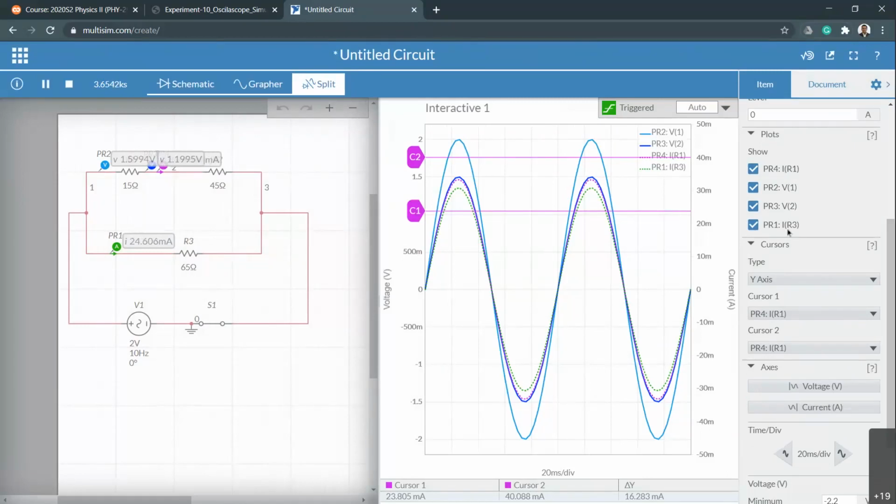That's how it reads. Okay, now I need the y-axis voltage, but I need the first probe to be voltage 1. Okay, let's change that and then move that voltage sensor all the way to the very top. And then value should be very close to 2 volt. Okay, should not be larger than 2. Can be slightly smaller than 2, but should not be larger than 2 at all.